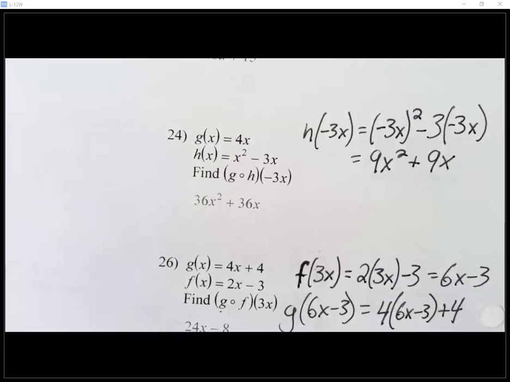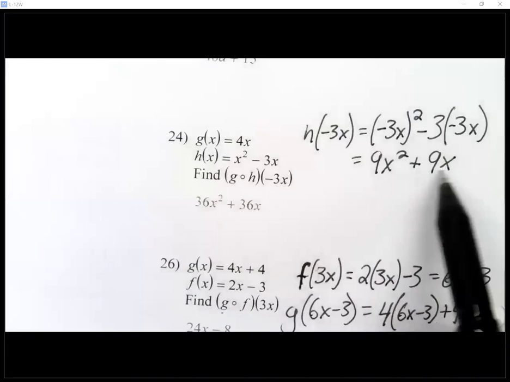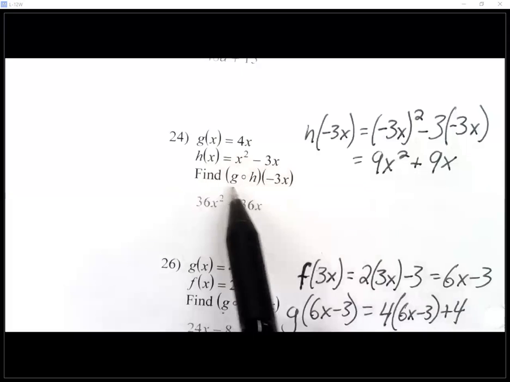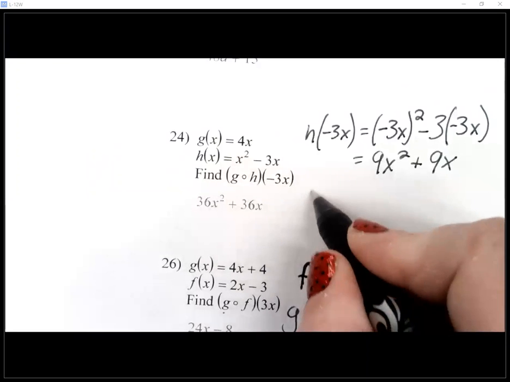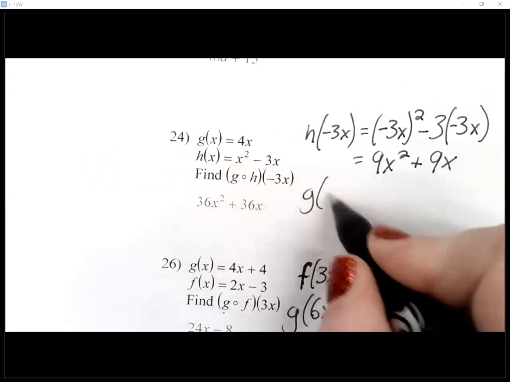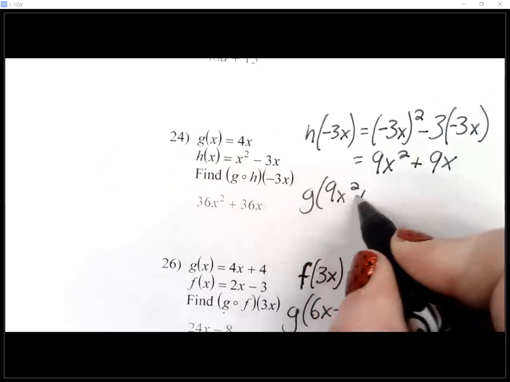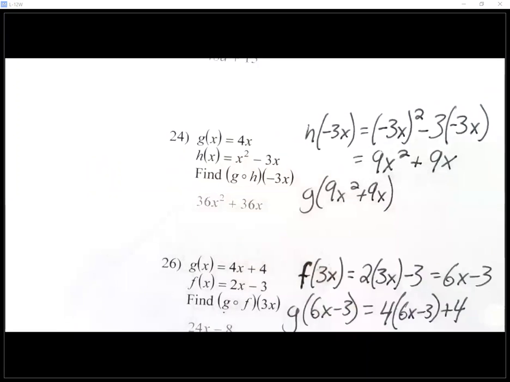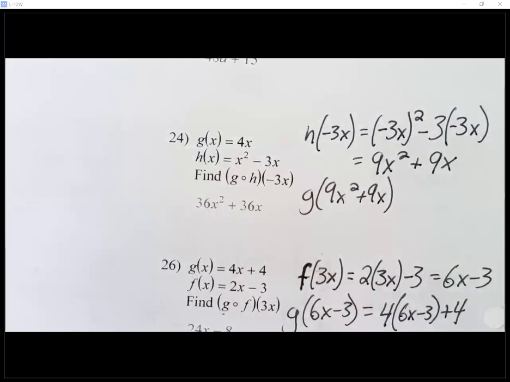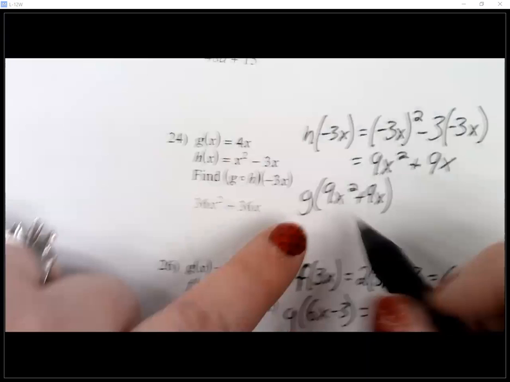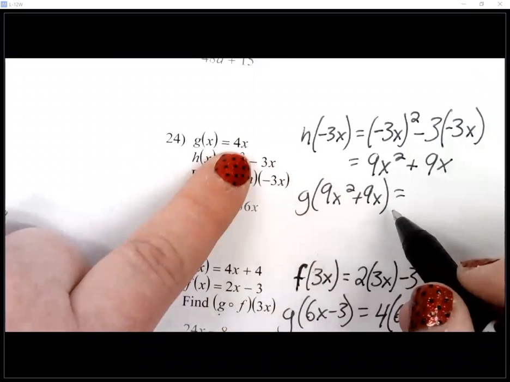Where do I go from here? Zach, go ahead. Yes, I'm going to take this answer and I want to plug it into whatever this function is. In this case, it's g. So I essentially now want to find g of this whole thing, 9x squared plus 9x. Okay, so let's take all of this, pop it into the g. Luckily, the g function's not so bad.